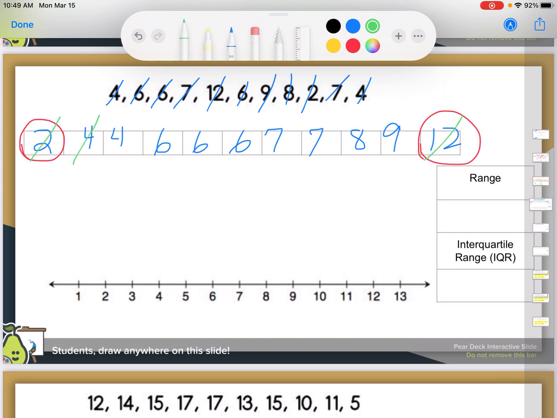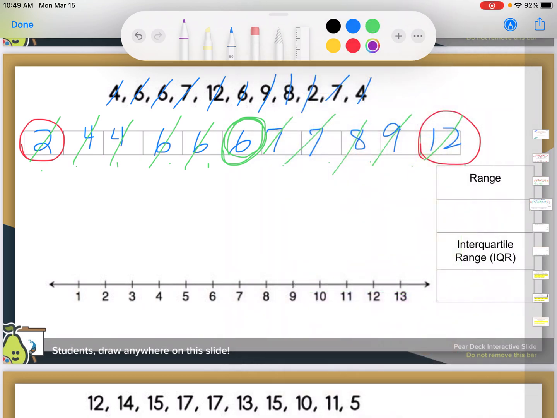So when I cross them off on each side, I end up with 6 as my median. So I have 1, 2, 3, 4, 5 numbers ahead, and 1, 2, 3, 4, 5 numbers behind. So that means it's exactly halfway through my data. Then I find the median of the lower half of my data.